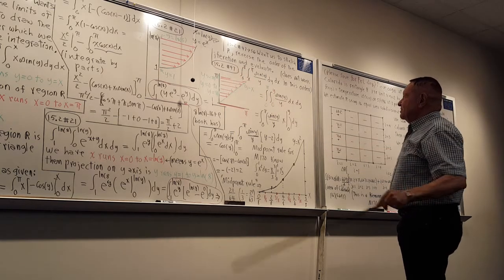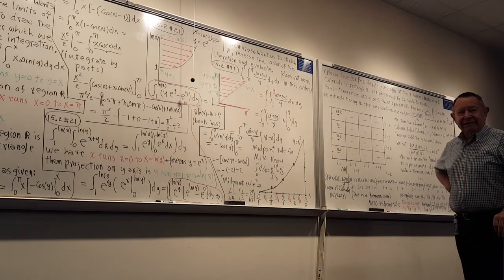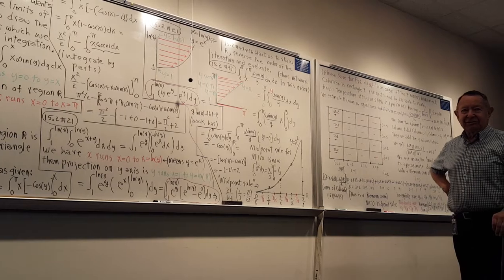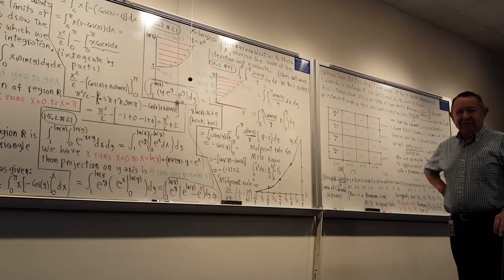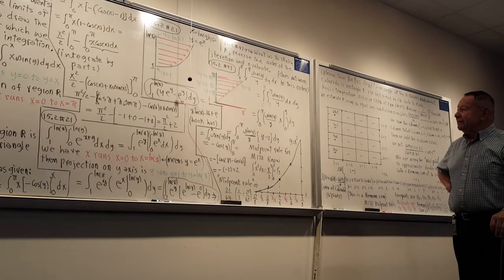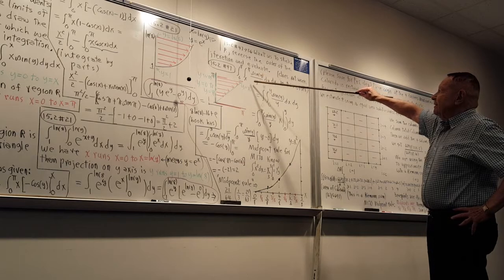Now with these, most of them you couldn't work unless you reverse the order, and they want you to reverse the order and then work it in the reversed order in all of them. So that's what I'm doing.